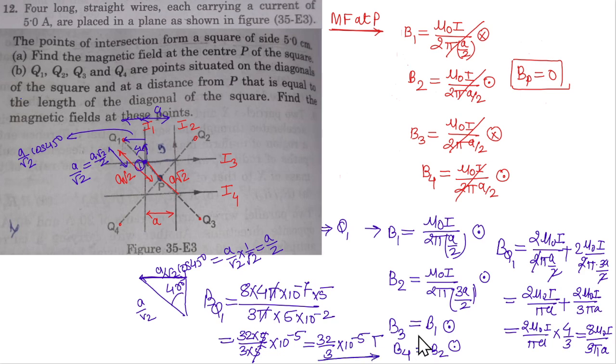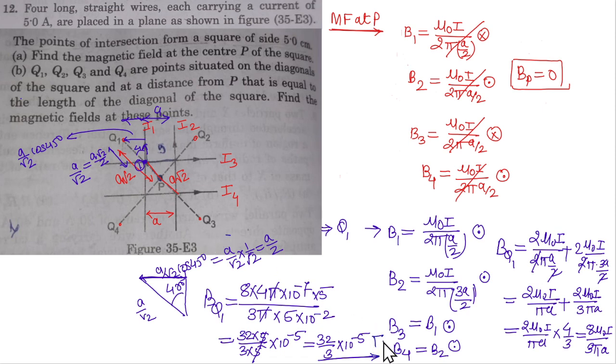Same as it is, if we are finding the magnetic field at Q3, you will get the same magnetic field, because the situation at Q3 is very similar to Q1, but the direction of magnetic field will be into the plane of paper.